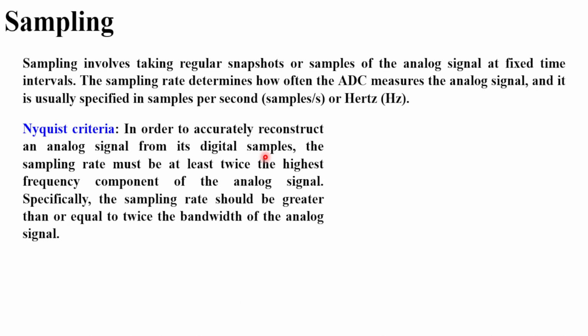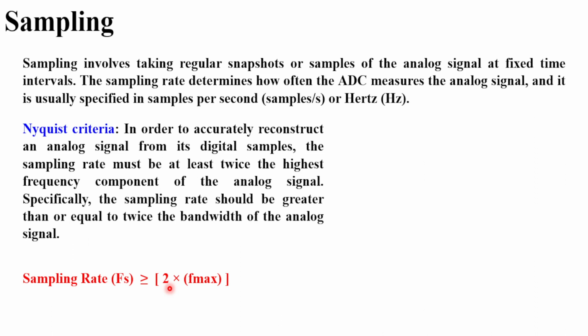Specifically, the sampling rate should be greater than or equal to twice the bandwidth of the analog signal. Mathematically, the sampling rate should be greater than or equal to 2 times the maximum frequency of the signal. Generally, this is the minimum value which should be met.